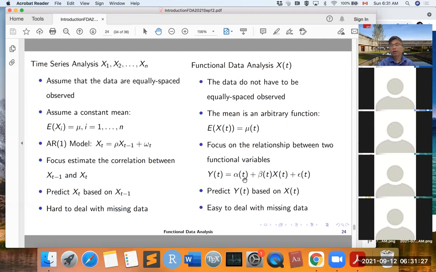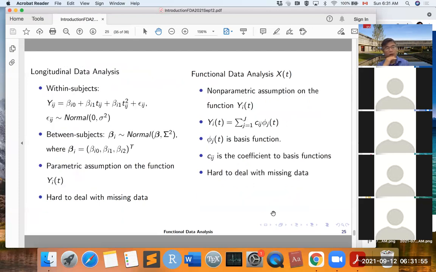It's like a linear regression model: we want to predict yt based on other variables xt. So this is the difference from time series. As I said, time series is hard to deal with missing data, but functional data is actually pretty easy to deal with missing data.